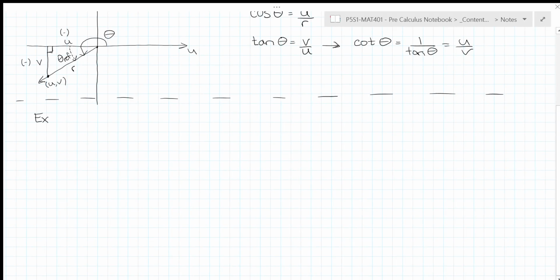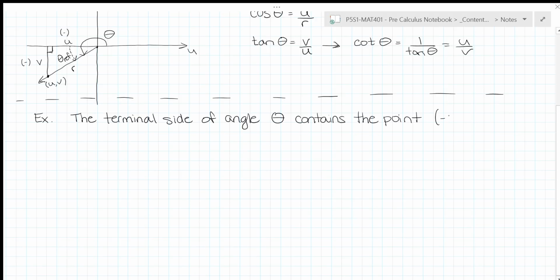Let's say the terminal side of angle theta just contains the point (-8, 3).